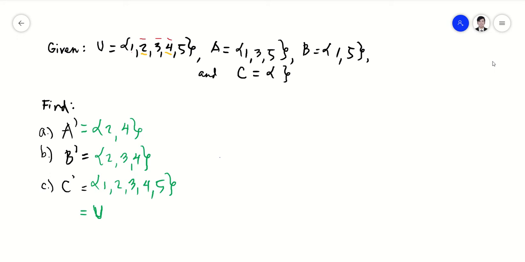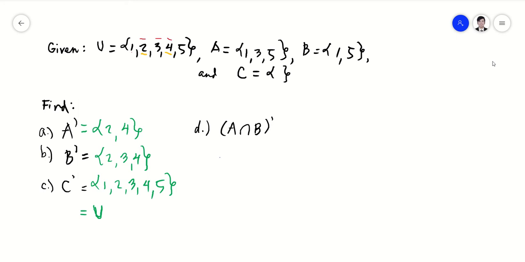Okay, now what if there are two or more operations in just one item? For example, we have the complement of the intersection of A and B. As you can see, the parenthesis would be the same as our PEMDAS before, and the complement would look like an exponent.